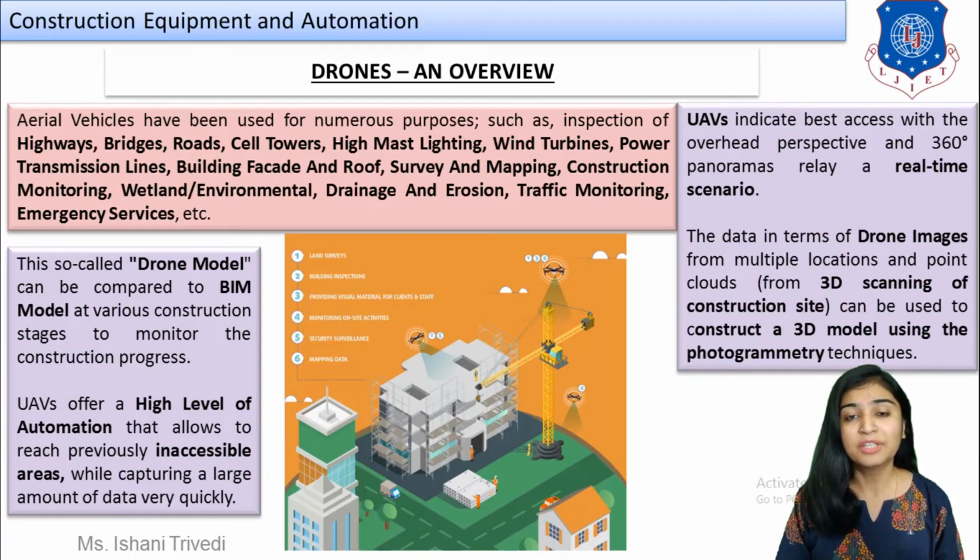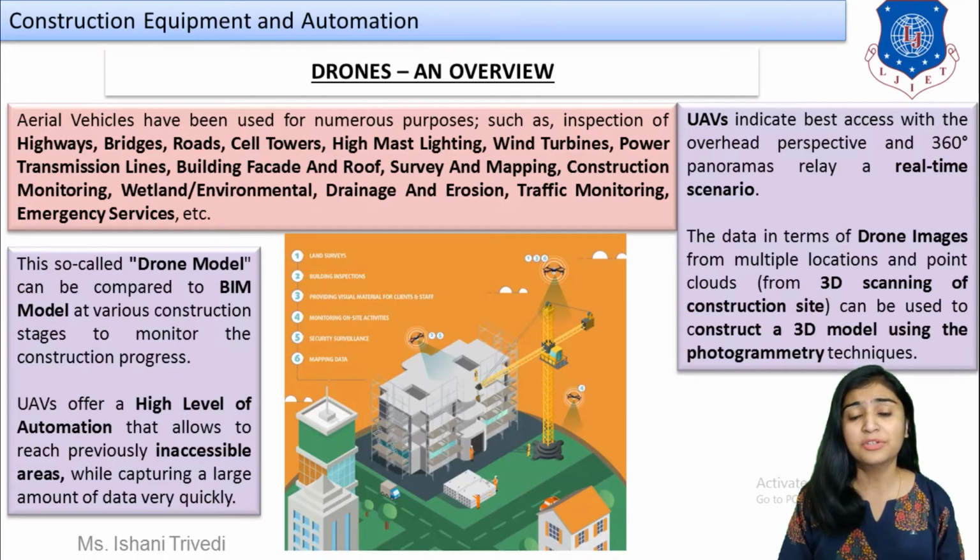Then for traffic monitoring, you have the intelligent transportation system, ITS, which is currently in trend. For that monitoring system, the automation part will be done with the help of drones. Then we have construction monitoring, wetland or environmental monitoring, meaning related to agriculture. So you can carry out a full agricultural survey as well using drones.